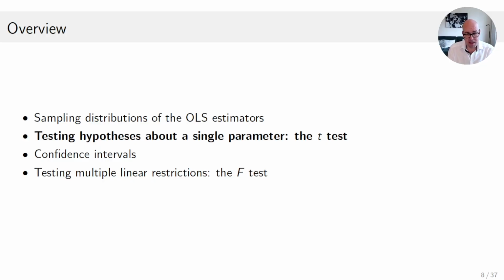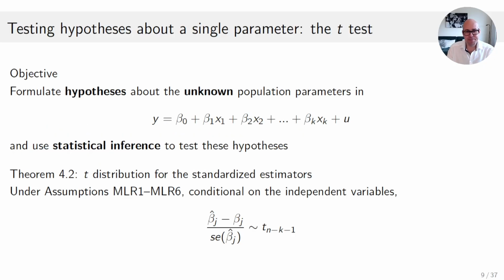What I want to start with here is testing hypotheses about a single parameter, and that's going to be the so-called t-test, and I will tell you why this is called t-test. This might ring a bell because it might remind you of material in statistics that you have seen before. Now, let's start with the objective.